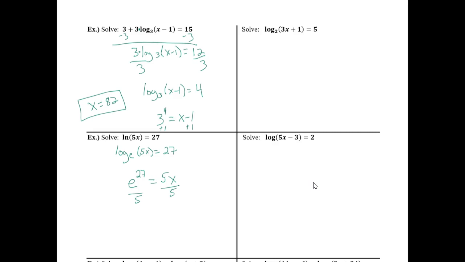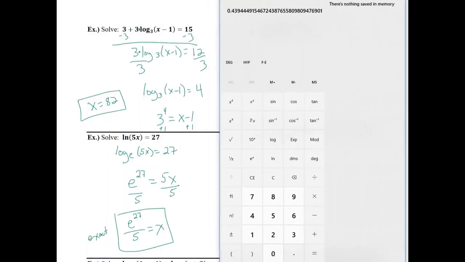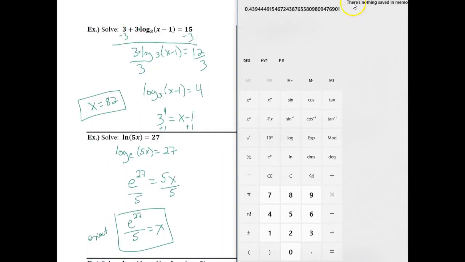Now my guess is your homework or something like this would make you leave it in this exact form, because it's going to be a quite large number. Let's plug it in and check it out. If I did 27, took e to that power, look at how big that number is.